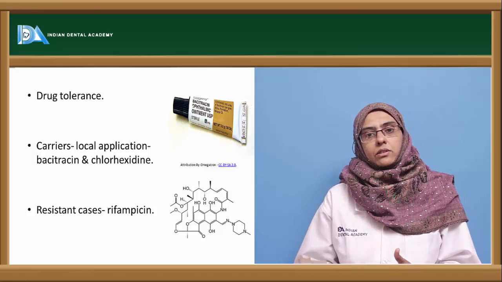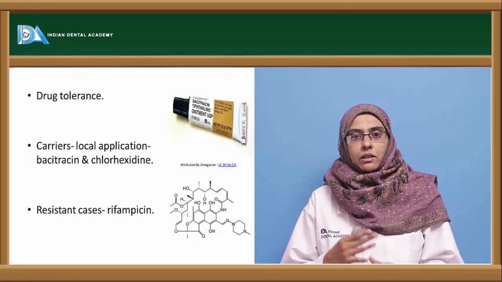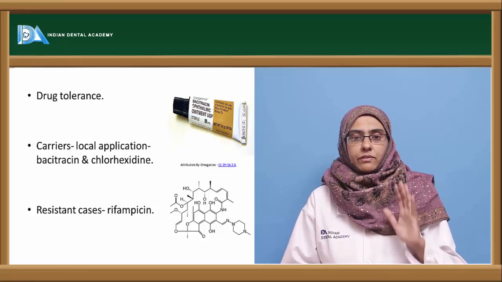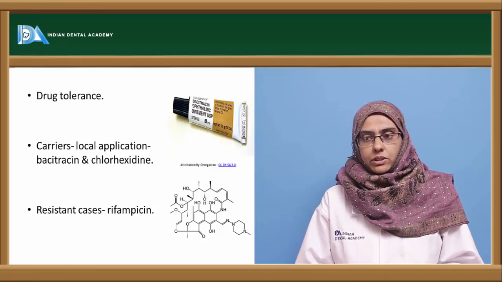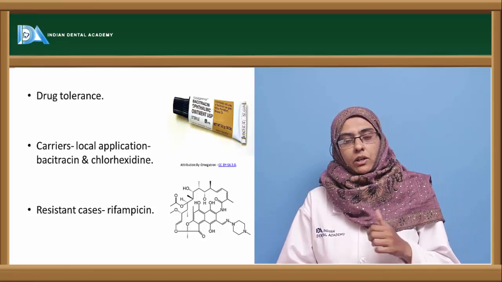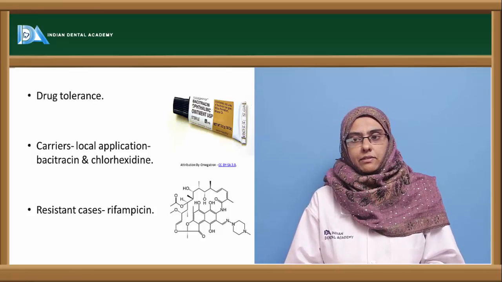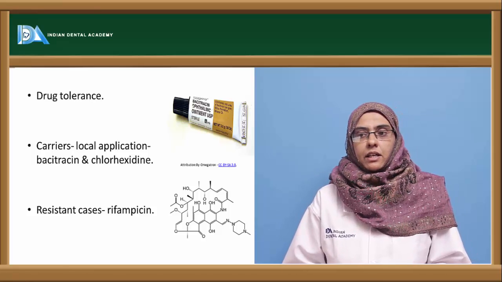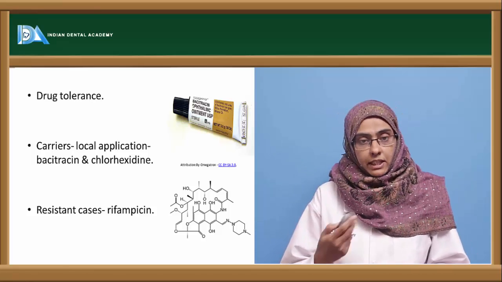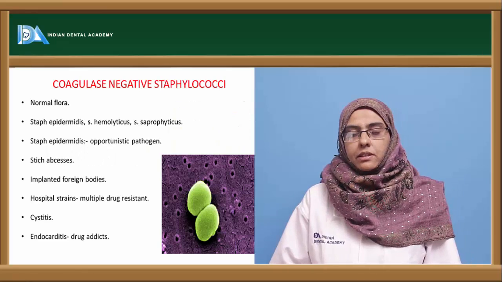So when you increase the dose, you are completely killing the organism. So drug tolerance is an important concept we have to keep in mind when we are giving the dosage, because most of the organisms have tolerated the drug to an extent that they are not getting killed but have only been inactivated. Next, in the resistant cases, in the carriers you can go for rifampicin treatment.